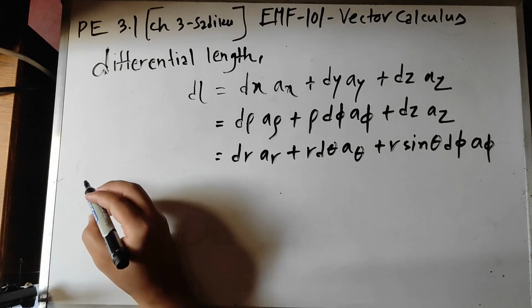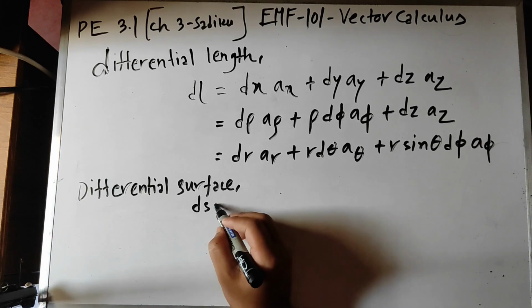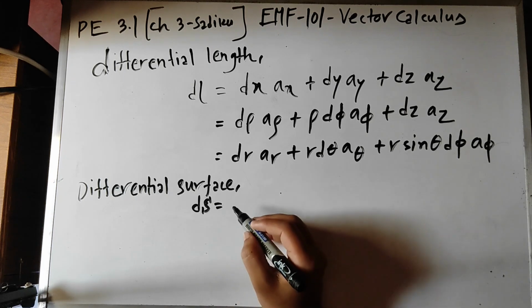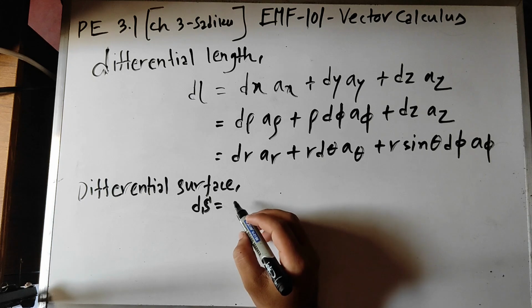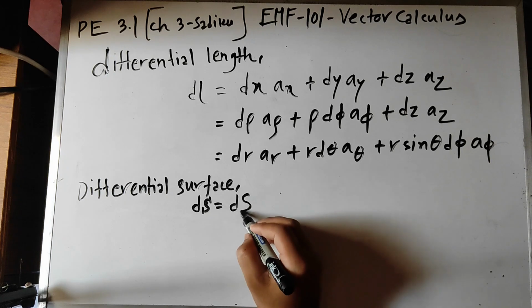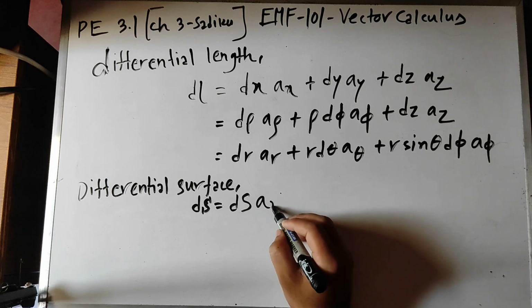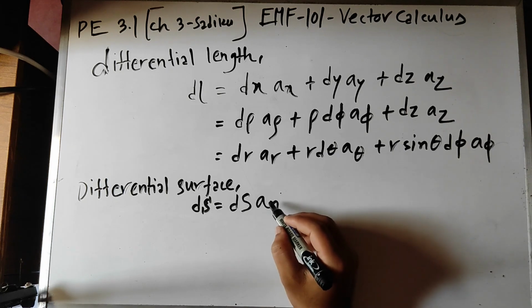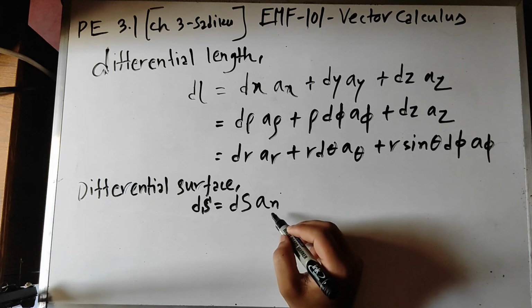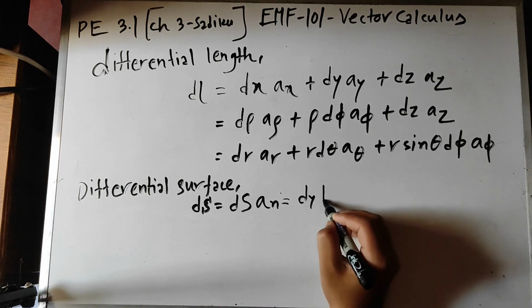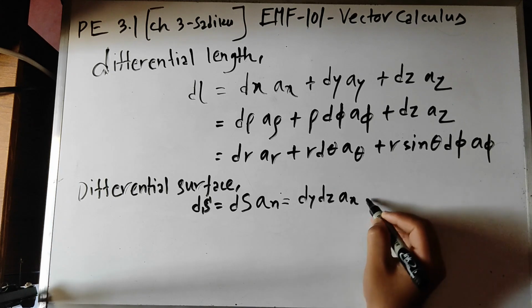Let us define differential surface, which is capital S, dS. In general, it is defined by dS with a unit vector an, which means the unit normal vector. The surface in the direction of ax is dy dz in the direction ax.